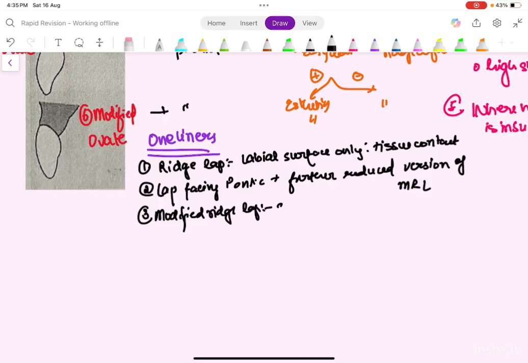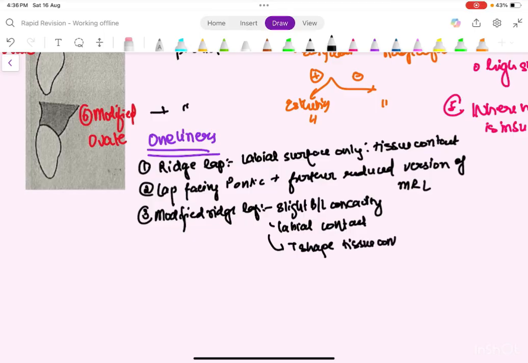Here there is slight buccolingual concavity, and basically it is just limited to the labial contact only. And the most important question that they ask is T-shaped tissue contact. So it is in modified ridge lap tissue contact.